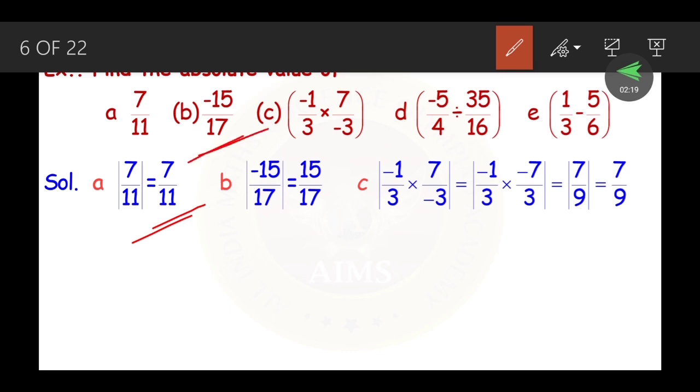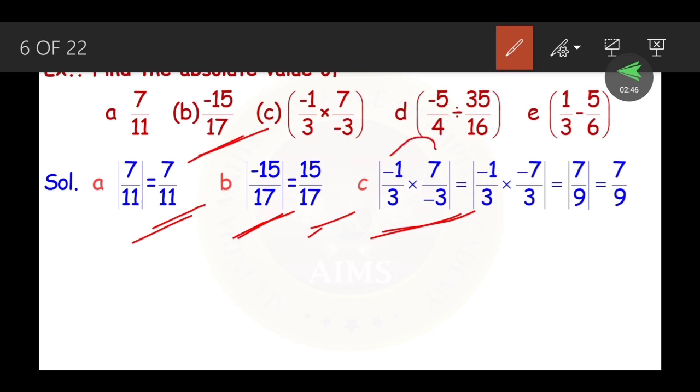Here minus 15 by 7. For the numerator part, a negative sign is there, but absolute value means it is always non-negative. So this negative rational number, after taking the absolute value, will become positive. Here in example C, they have given a product of two rational numbers inside a modulus symbol.